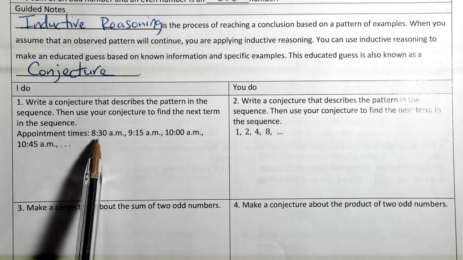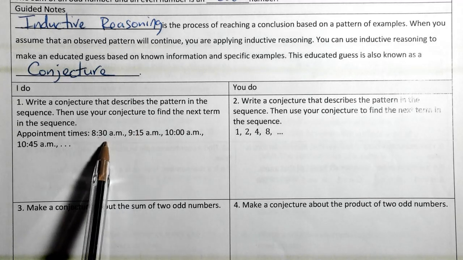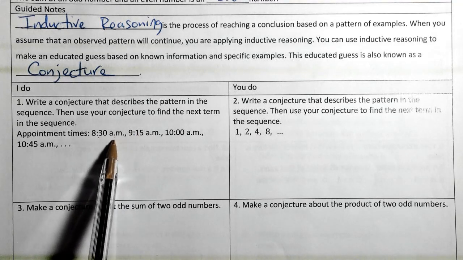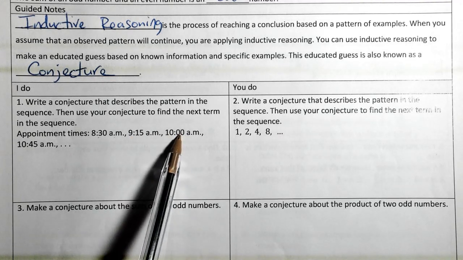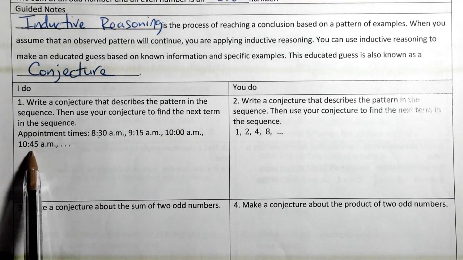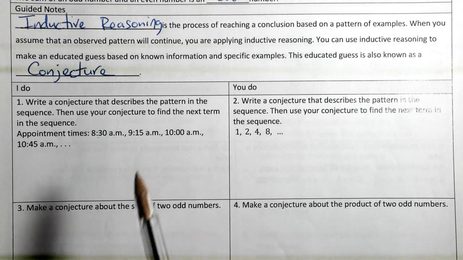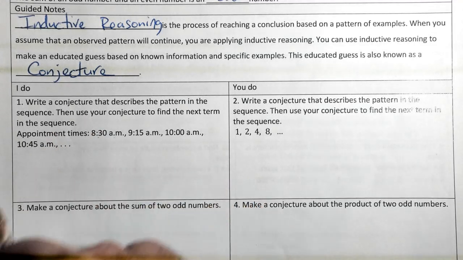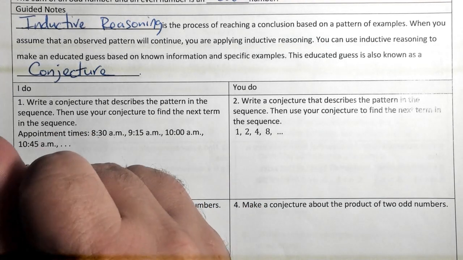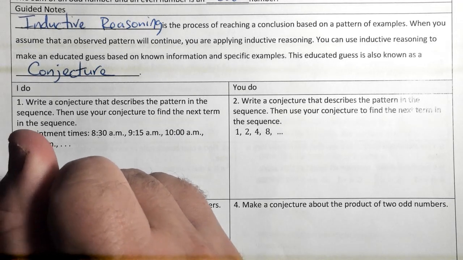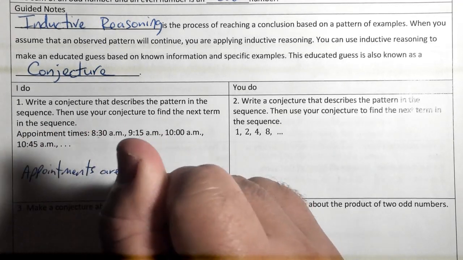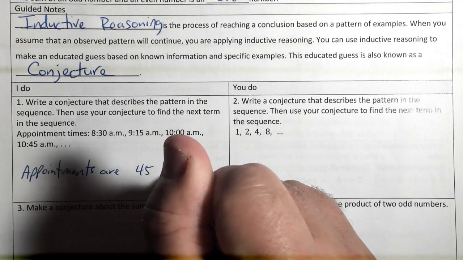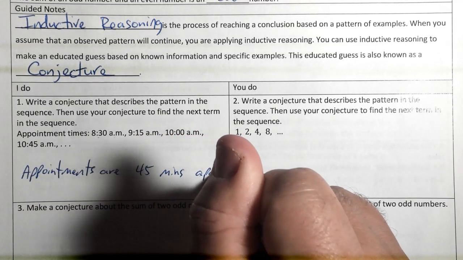Well, let's look. So from 8:30 to 9:15, well, that's 45 minutes. 9:15 to 10, that's 45 minutes. And that's 45 minutes. So our conjecture is going to be that appointments are 45 minutes apart.